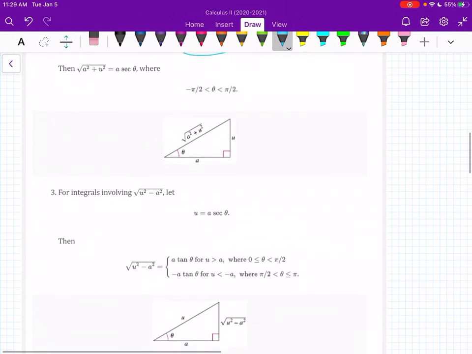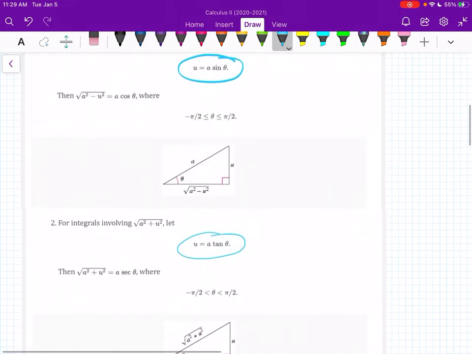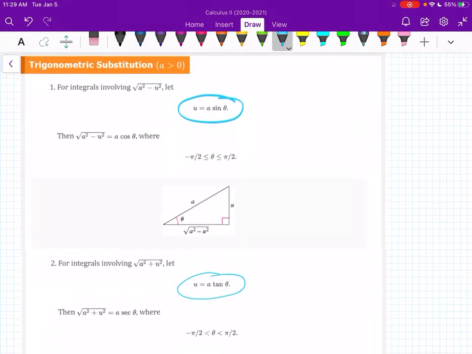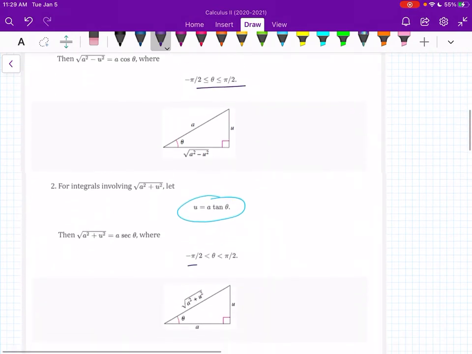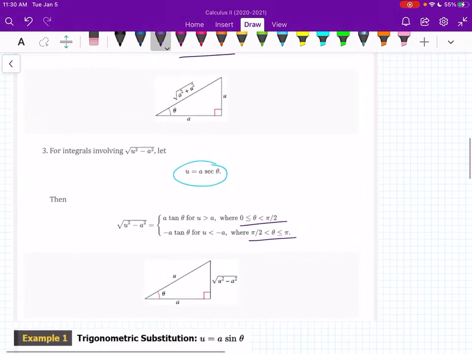And if we have the square root of u squared minus a squared, then u is going to equal a secant of theta. All of the domains that they talk about here, you do not need to know these. These are just to make sure that your functions are one-to-one and have inverses so that they work. Don't worry about it.